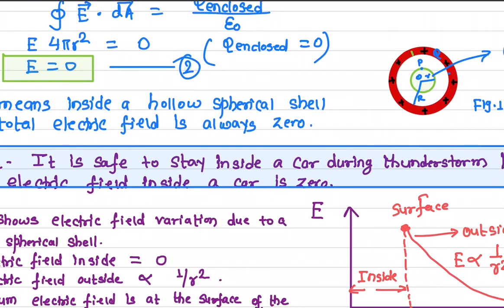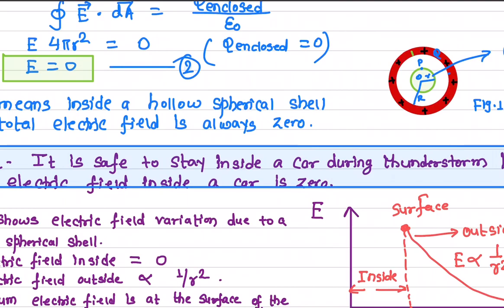Now let me tell you some beauty about the hollow spherical shell. As there is no electric field inside, it is perfectly safe to stay inside a car during a thunderstorm.